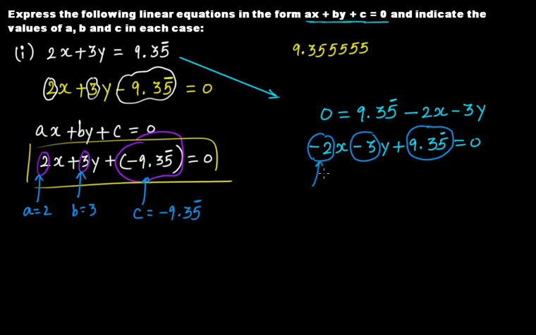But in this case this is a, this is b and this is c, right? So minus 2, minus 3 and plus 9.35 bar. So you have to keep in mind that the representation of a linear equation in two variables is not unique, because here you can clearly see that a is equal to 2 but here it is minus 2, b is equal to 3 but here it is minus 3, and c is equal to minus 9.35 bar but here it is plus 9.35 bar.